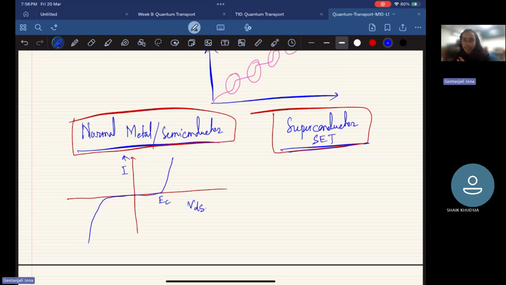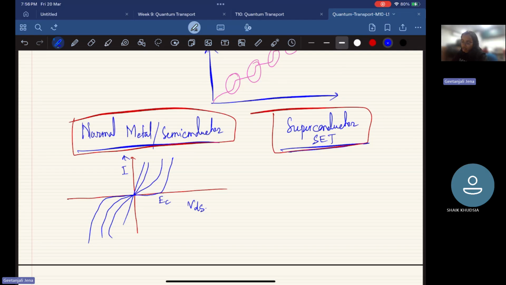And when we change the gate voltage or source to drain voltage, we'll be able to narrow down this region so that we'll see ohmic behavior. This we have seen in the previous section when we covered the quantum dot junction.